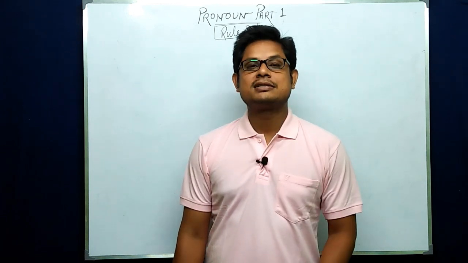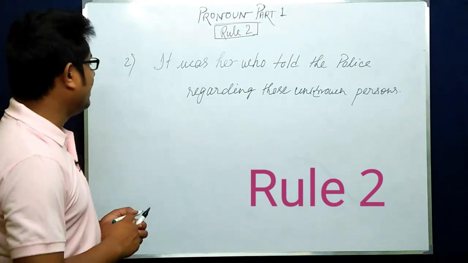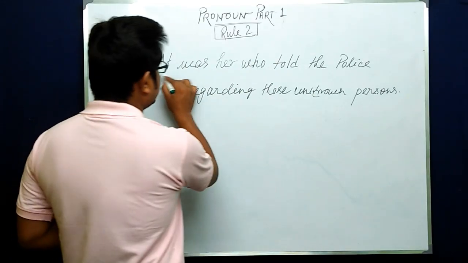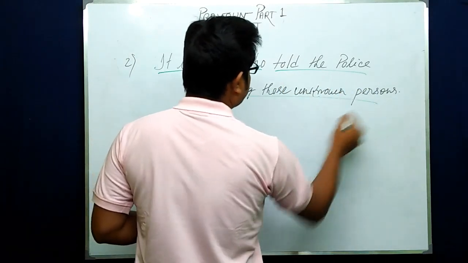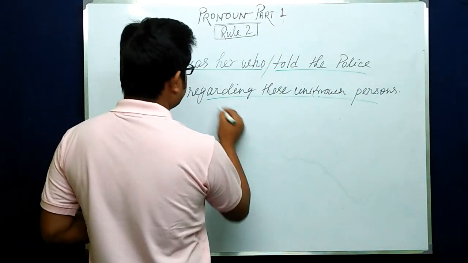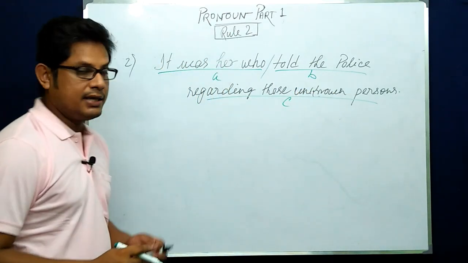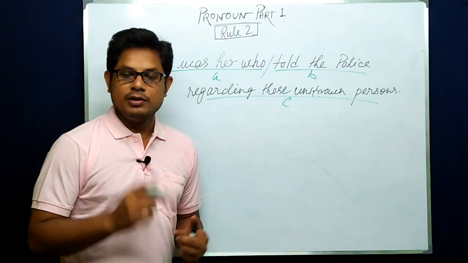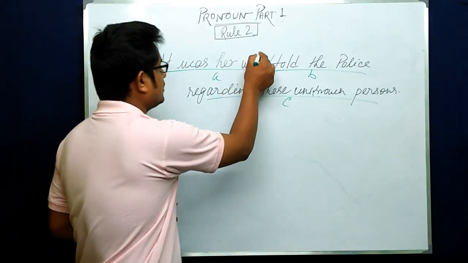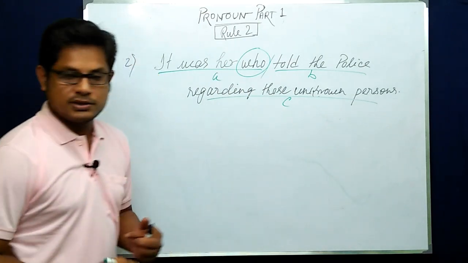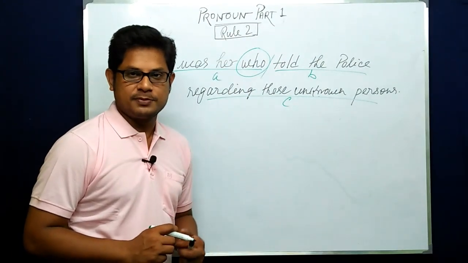Okay, so now let's start with rule number 2. In rule number 2, again you will have a sentence first. It was her who told the police regarding those unknown persons, A, B and C. See, in this rule we will learn how to use a relative clause after subjective or objective pronouns.